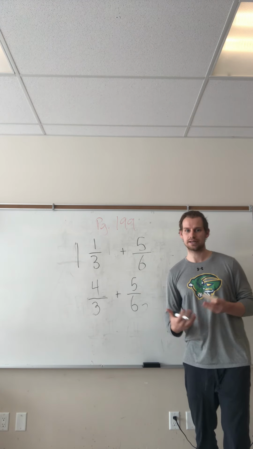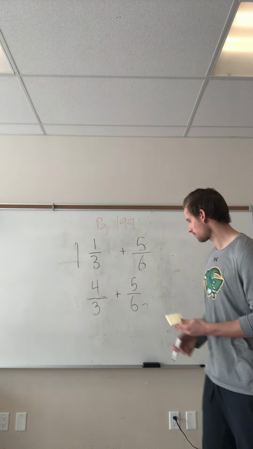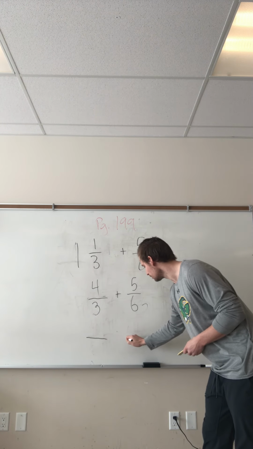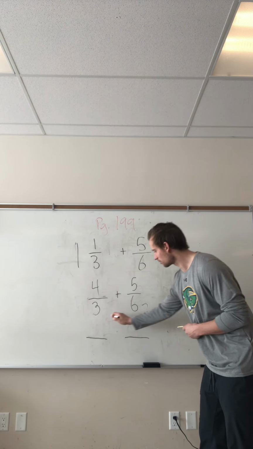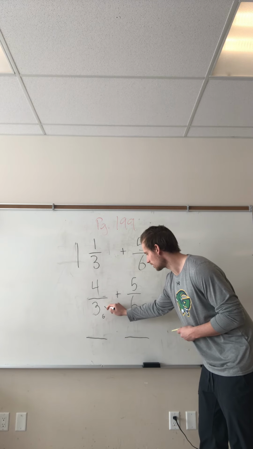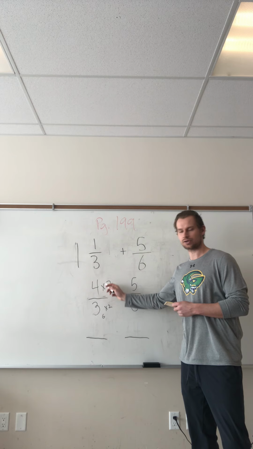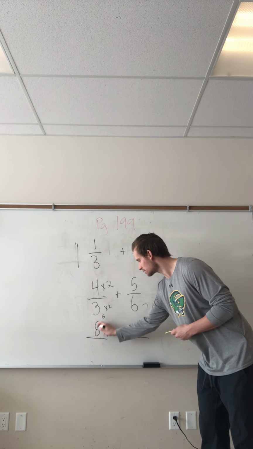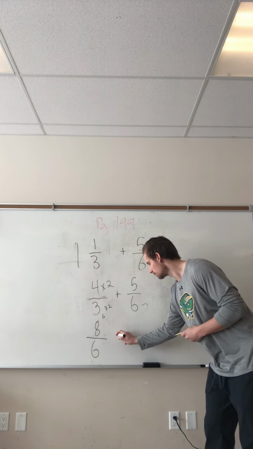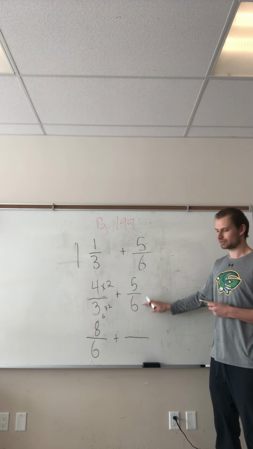I'll pause there. Now we're just adding fractions again. So on the bottom, we need to find a common denominator, 3, 6. So times this by 2 to get to 6. We have to times the top by 2. 4 times 2 is 8 over 6 plus, does this fraction change?